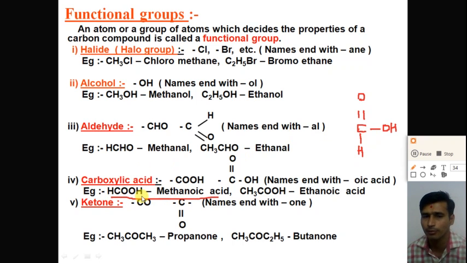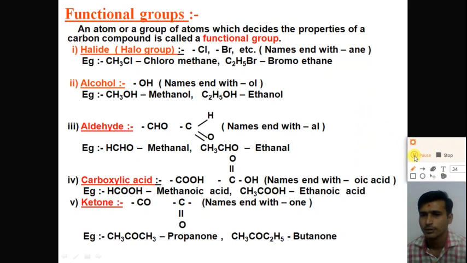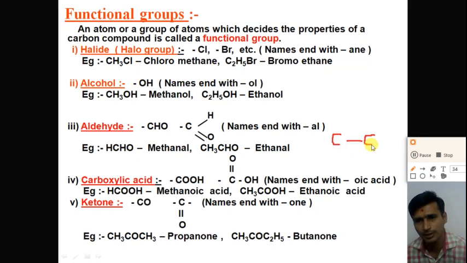HC double bond COOH, that is the methanoic acid. Similarly, you can make a molecular formula for ethanoic acid, right? In ethanoic acid, two carbon atoms are there, right? So if you consider the two carbon atoms, first carbon atom and second carbon atom, any one of the carbon atoms makes a carboxylic acid group, right?